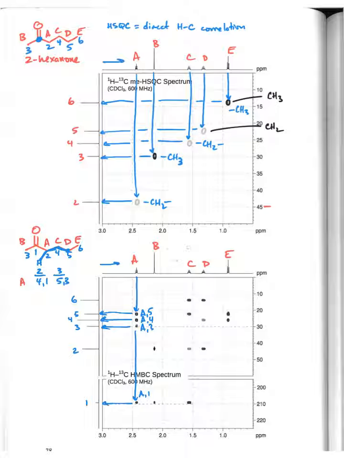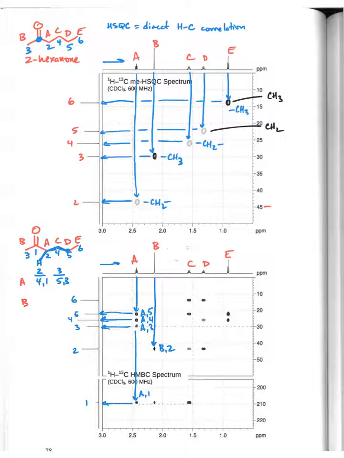Let's go ahead and now we're moving on to the B protons. We're coming down this column. We can see that B sees carbon 2.